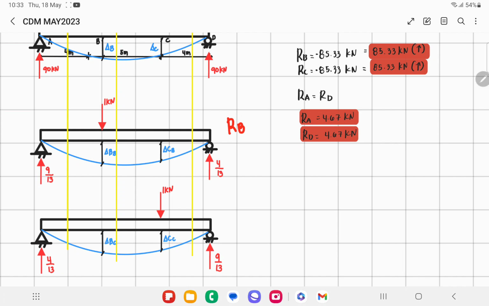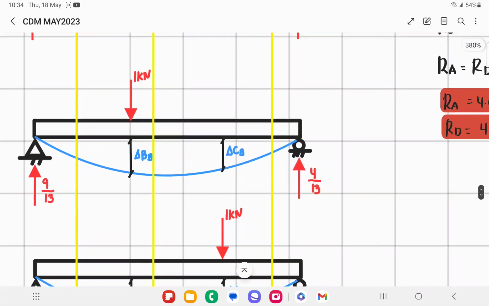Knowing that deflected shape, we can see this coefficient, delta BB. If you read that, it is the deflection at B caused by this 1 unit load at B.